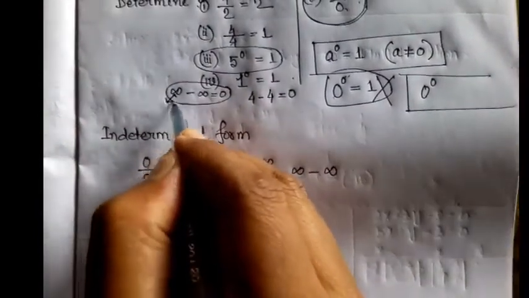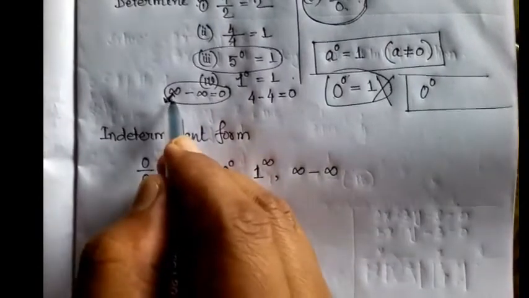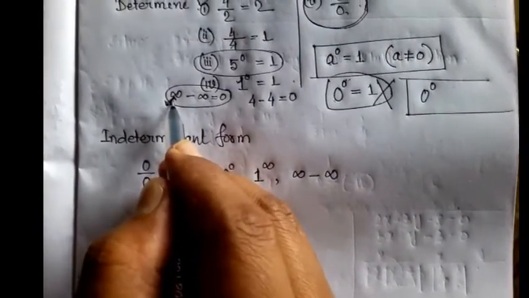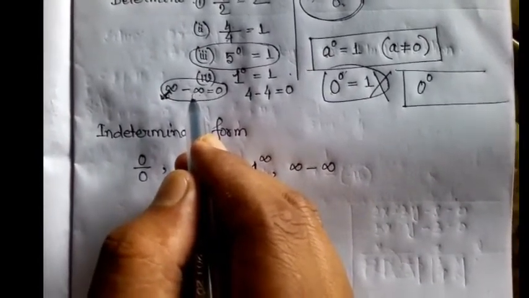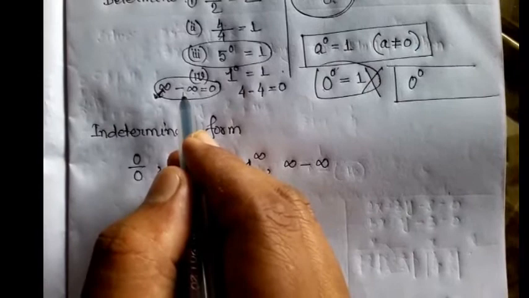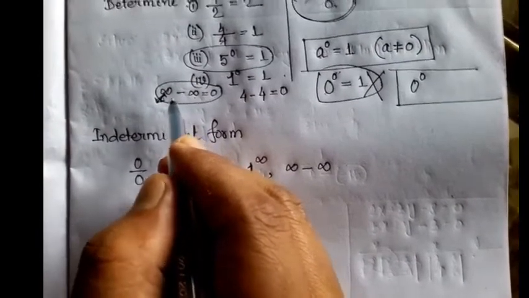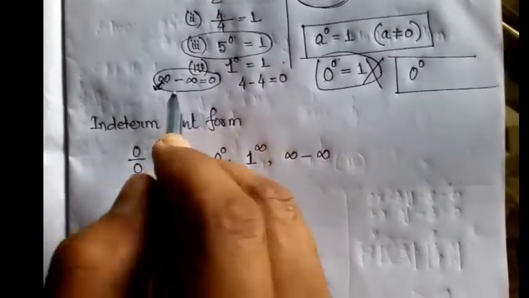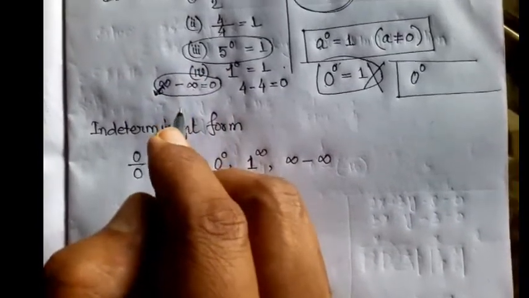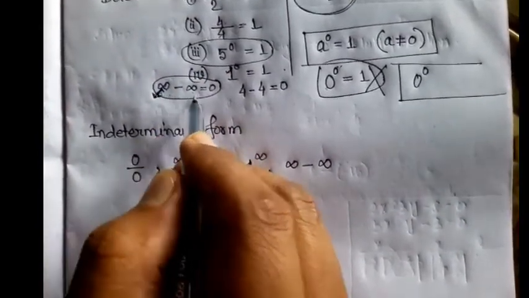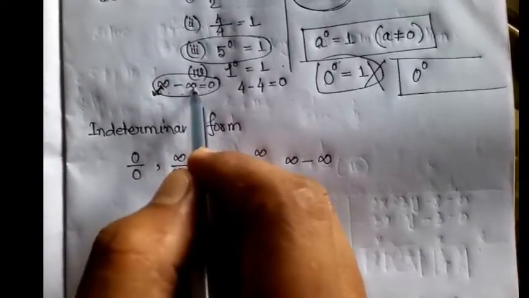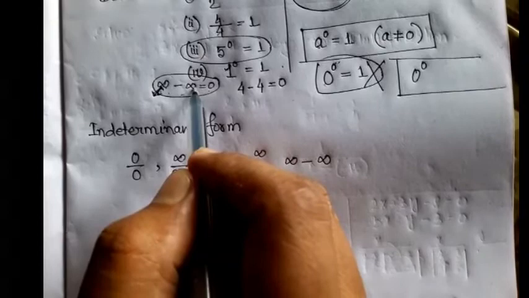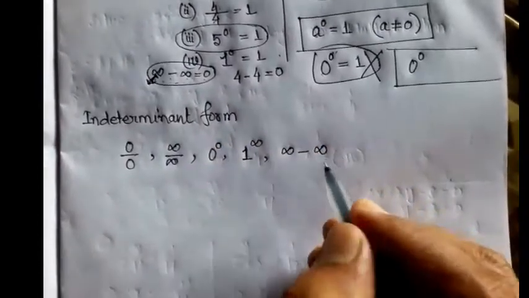Suppose, just to help you realize, this infinity means 2 lakhs and this infinity means 5 lakhs. Though it is not considerable, you can't consider it like this. Since infinity is not a fixed number, you cannot conclude that infinity minus infinity will be 0. We are unable to determine the value, so it is an indeterminate form.